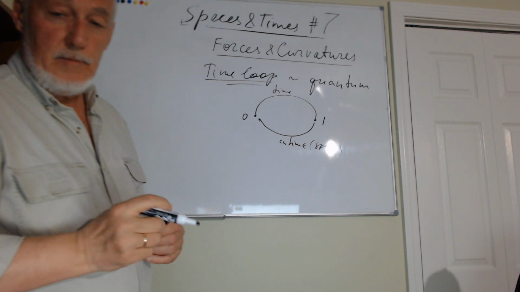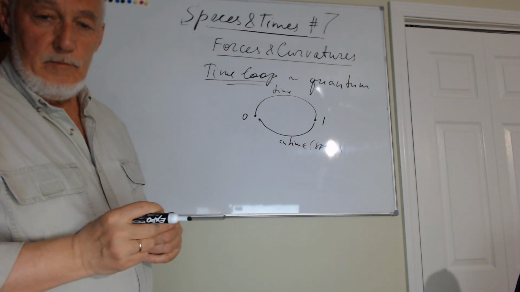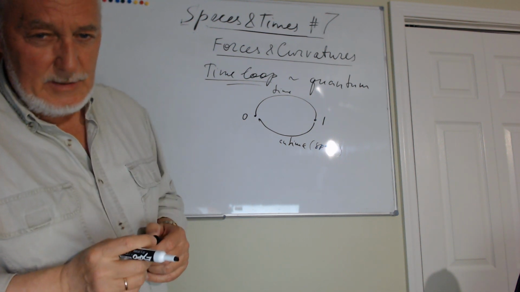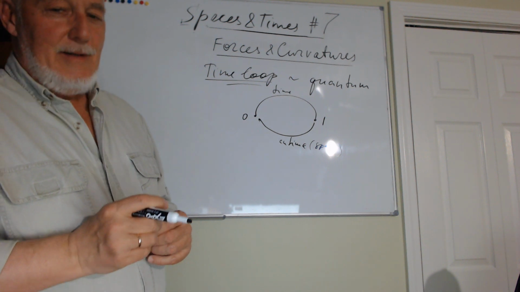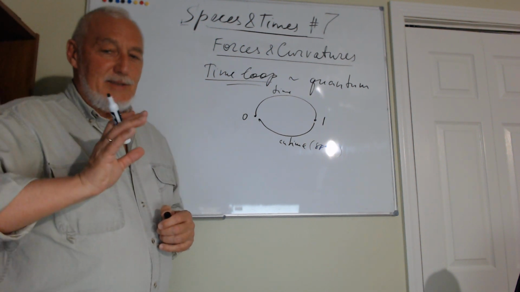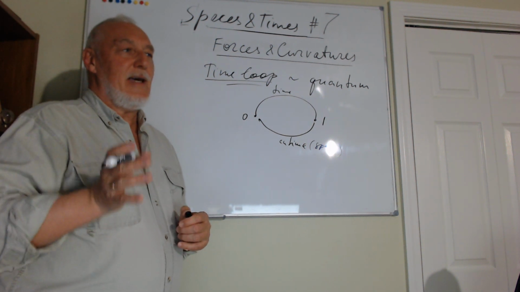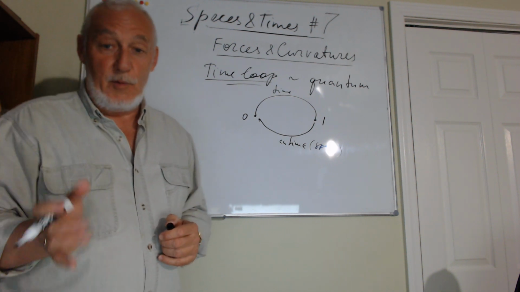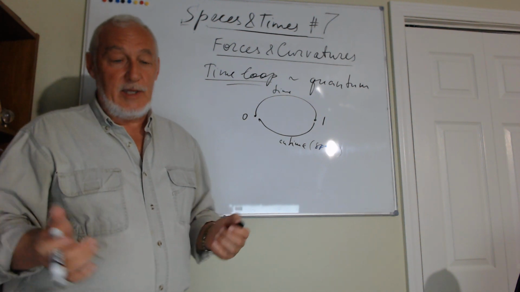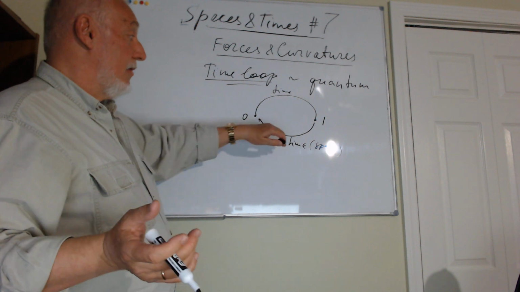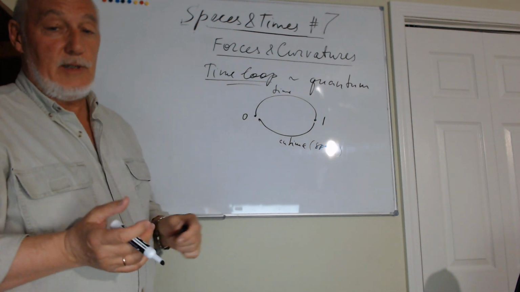Yes? I thought this was called like a qubit or something like that. Like a what? A qubit. Okay, you may talk about this, yes, but qubit comes from quantum mechanics. And quantum mechanics is, believe it or not, based on the loops in time.